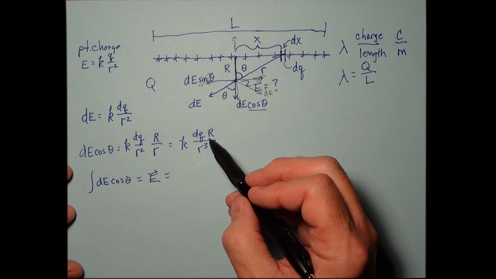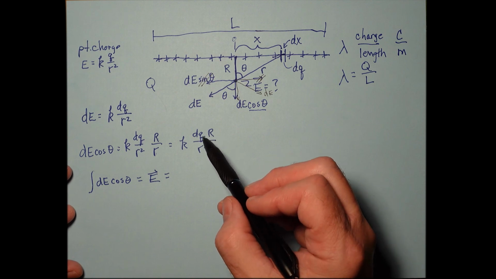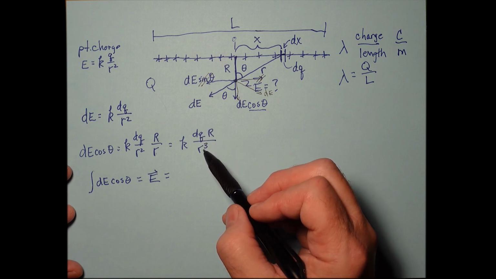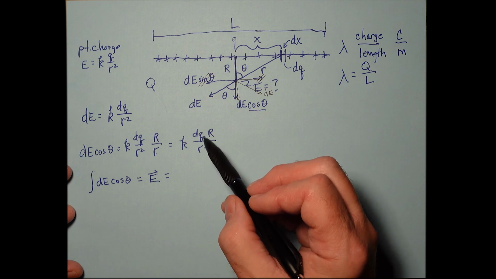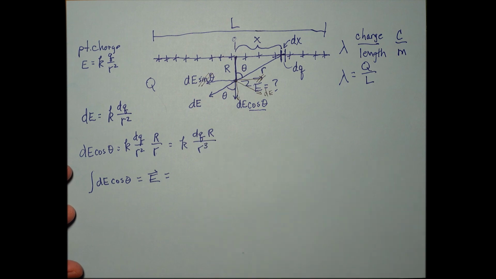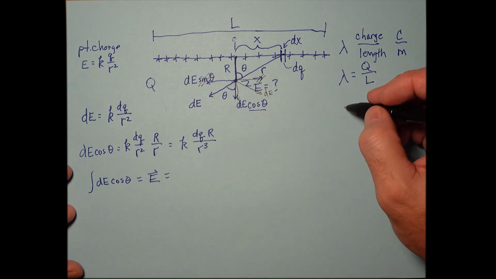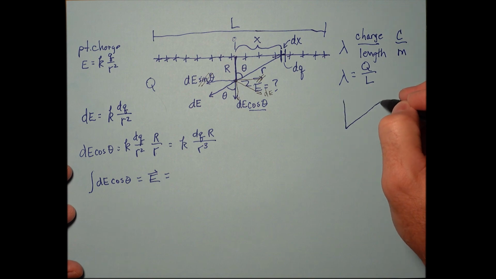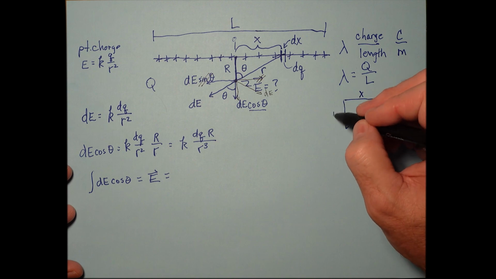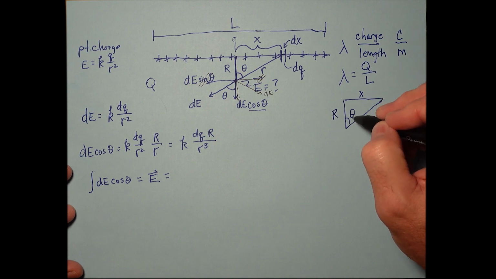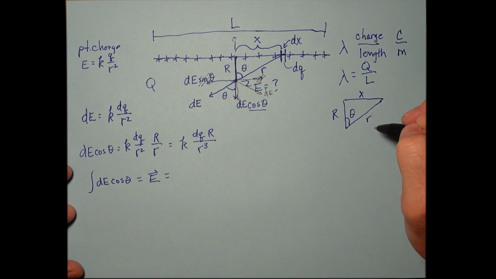But we need to figure out a way to do that. Right now we've got dq there, we've got r there, that's a variable. So we need to make this something that we can integrate. The easiest thing to do is to recognize what we have here is this triangle. So we've got that is x, this is big R, that's theta, and this is little r.